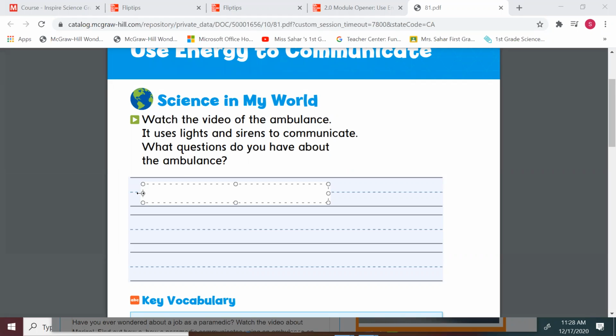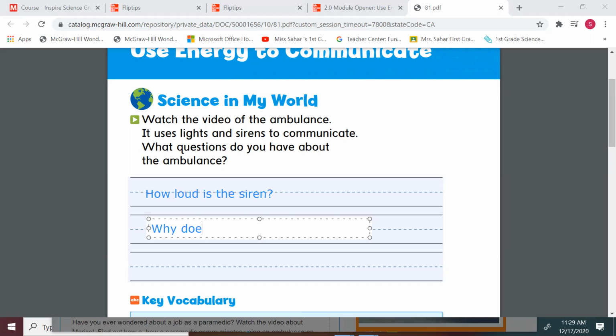So I can ask, for example, how loud is the siren? Okay, I can also come up with another question. Why does it need both lights and sirens? Why do they use the flashlights and the sirens? So we can ask something related to that also.